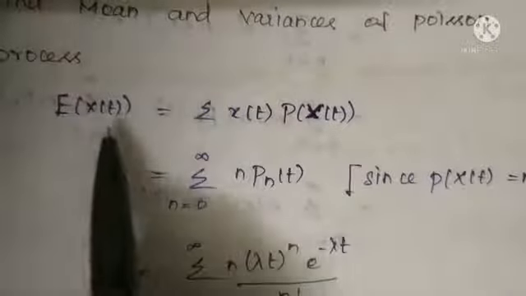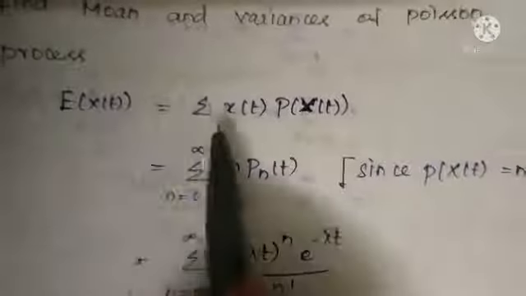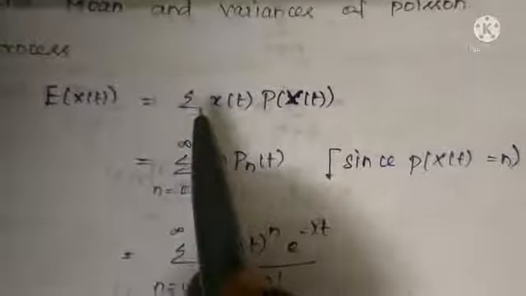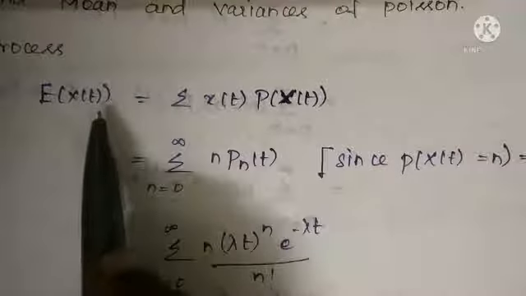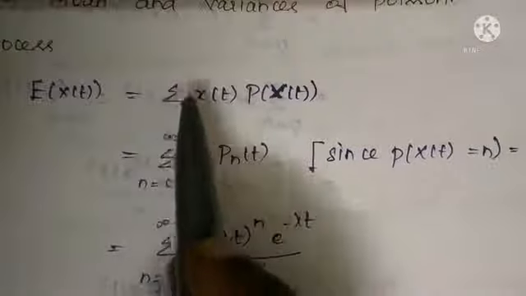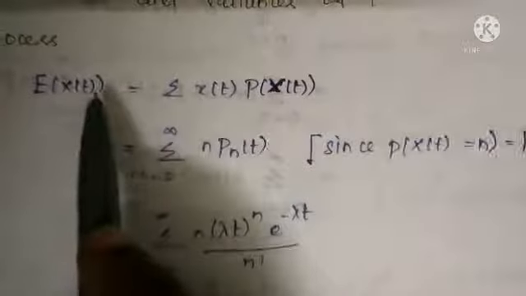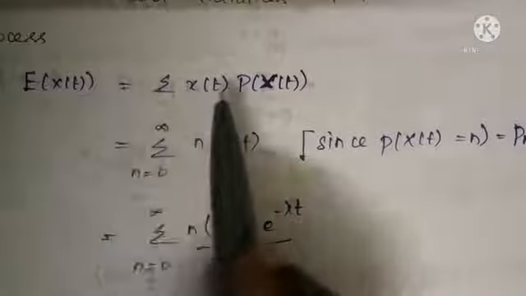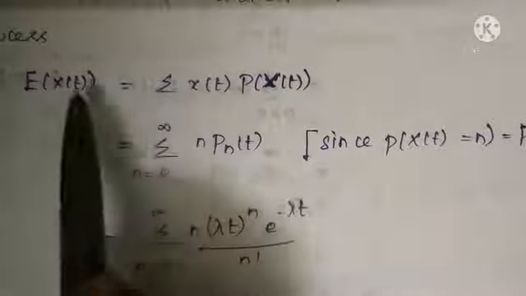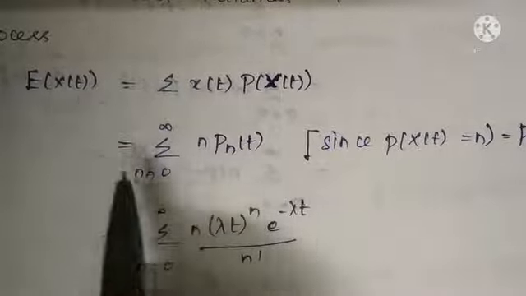We know E of x is equal to summation x into P of x, which we studied in the first unit. Here it is E of x of t, which is equal to summation, since the process is considered with time, x of t into P of x of t. So we are going to find the mean.